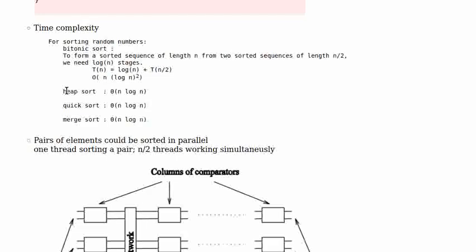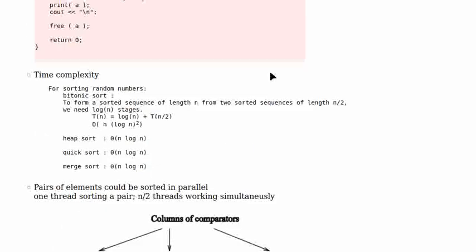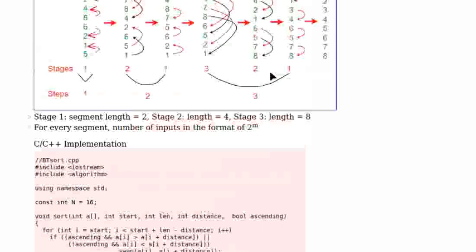And the time complexity of this sorting algorithm could be calculated like this, briefly. For sorting random numbers using the Bitonic sort, we need to form a sorted sequence of length n from two sorted sequences of length n over 2, like this.